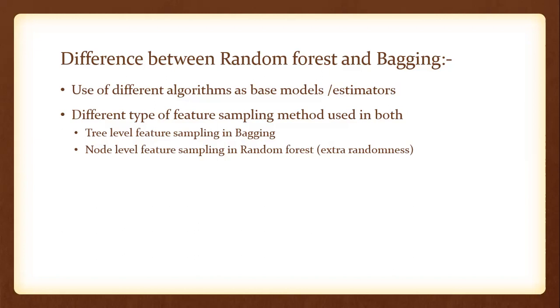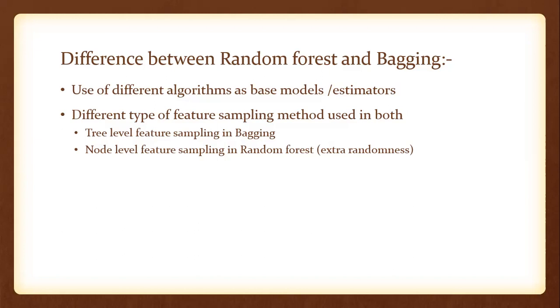But in the case of random forest, if you want to use two features out of five to create the decision tree, then from the parent node, suppose out of five it uses the first feature and the third feature. It creates two nodes, a left node and a right node.